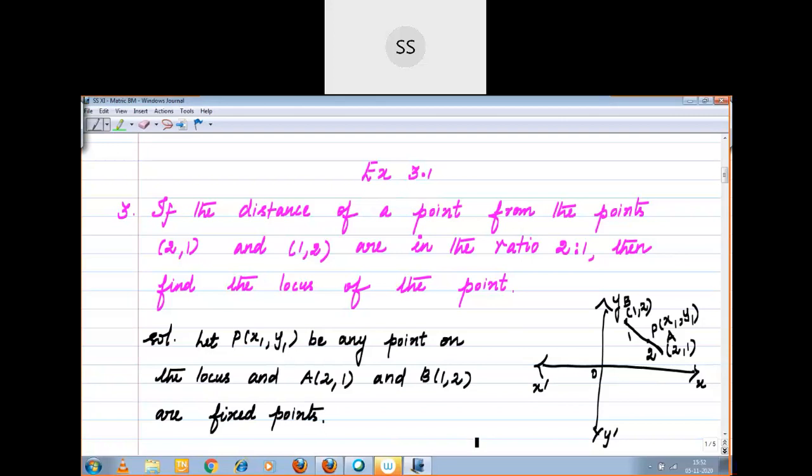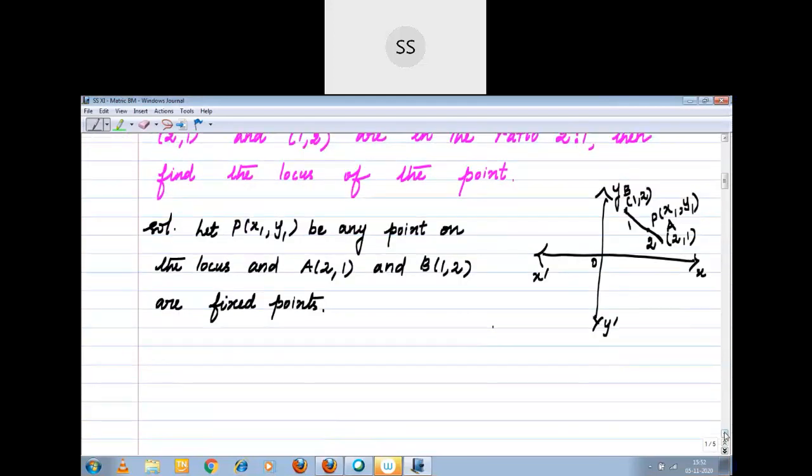Now, what is given that we are going to discuss? The ratio PA is to PB equals 2:1. The ratio can be written as a fraction: PA by PB equals 2/1, which implies PA equals 2 times PB.